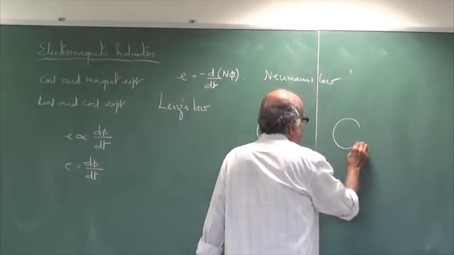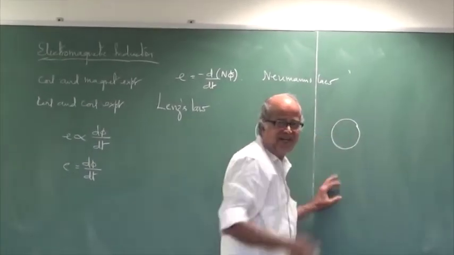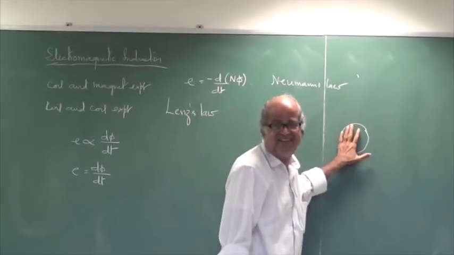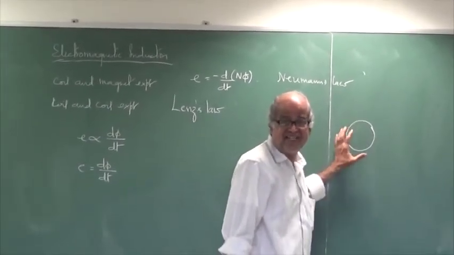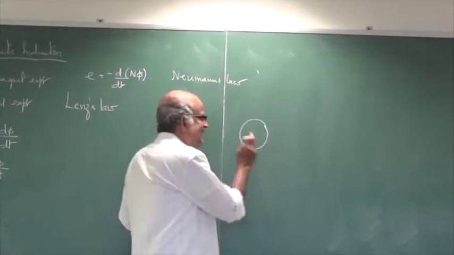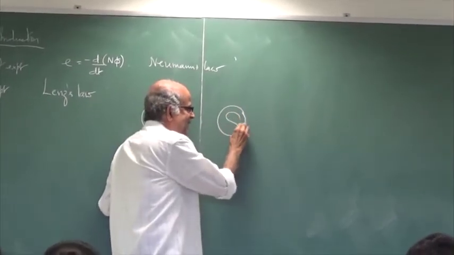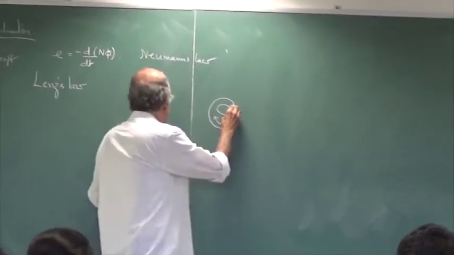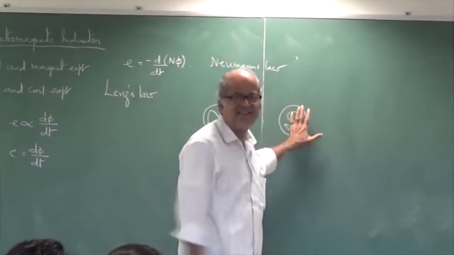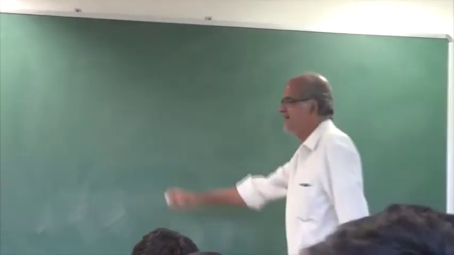When you pull the north pole away, current must flow in such a direction that it prevents the decrease, correct, no? That means this north pole should be getting attracted by the, this face becomes the south pole. Clear?